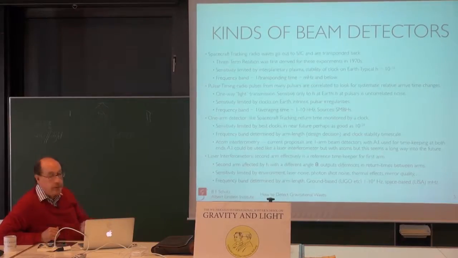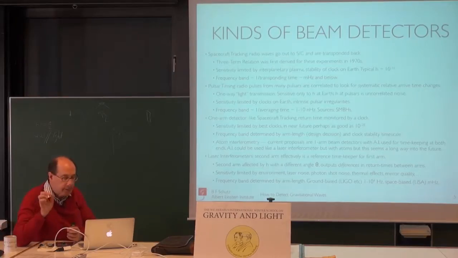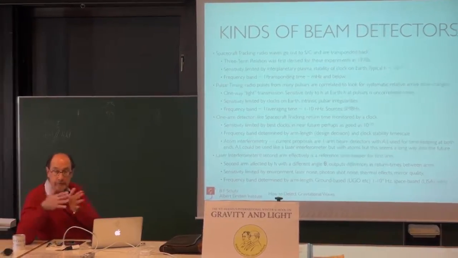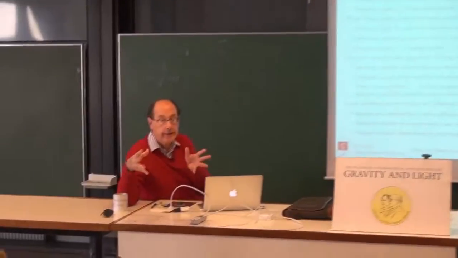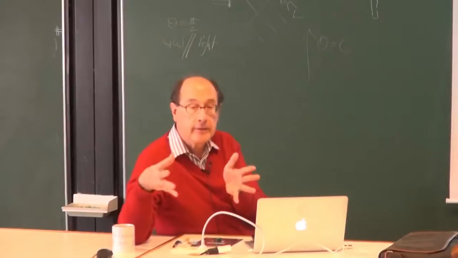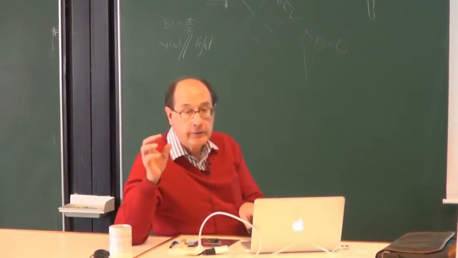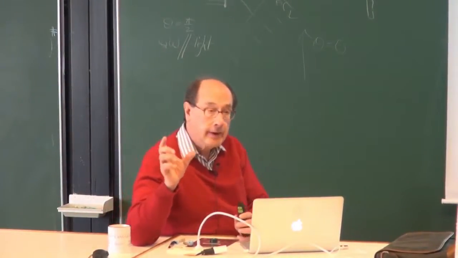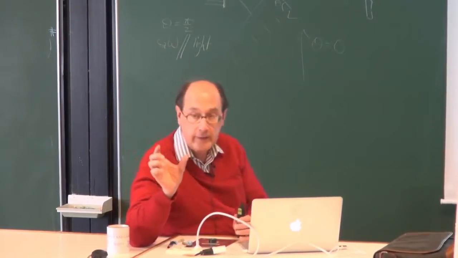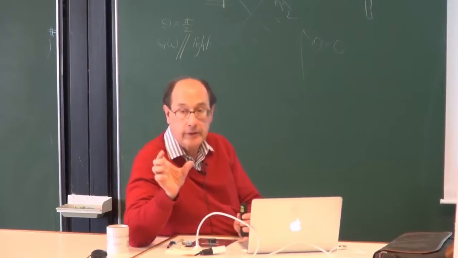The frequency band is determined by the arm length, basically, but it's not equal to the arm length or 1 over the arm length, because in these cavities we use multiple reflections of light, and so we build up a signal in a cavity that stays in the cavity much longer than a single light crossing time of the cavity. So the cavities may have, let's say, a natural frequency range around 100 kilohertz or something like that.